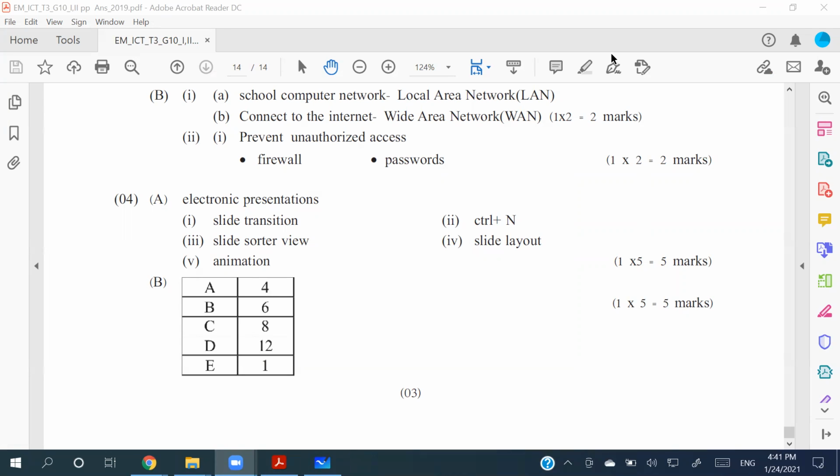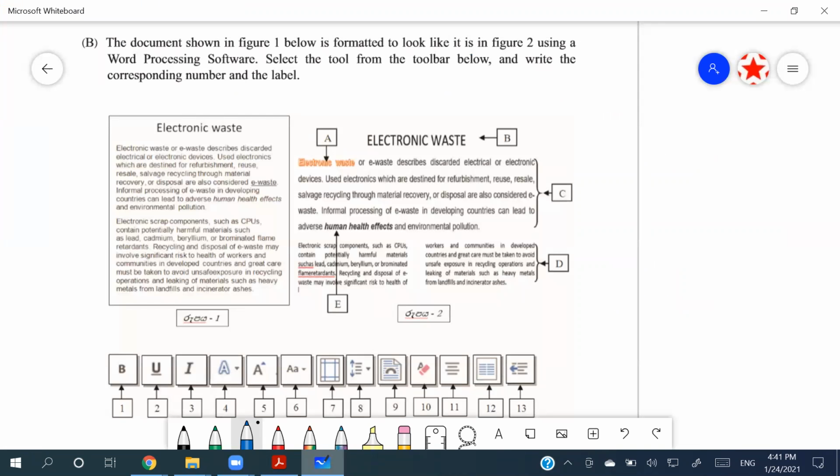Isara, like 3 means, let me see. What is 3, italic, for? B is 5, yes, Saran, that is correct. A is 4.